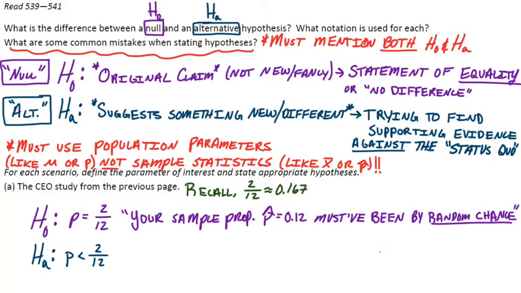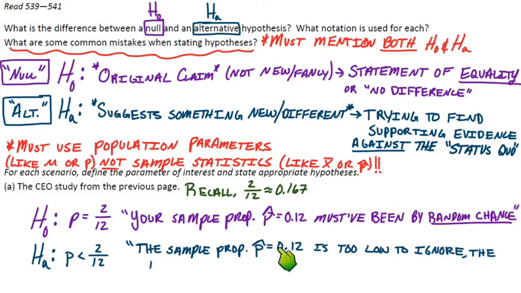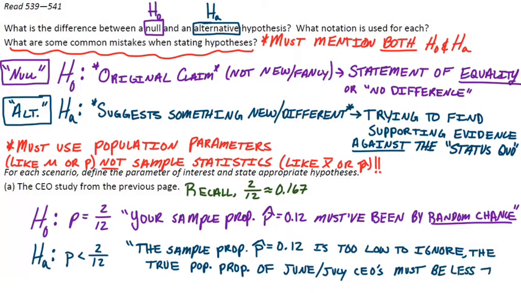In other words, the sample proportion, if it's 0.12, is really too low for us to ignore, which means that the true population proportion of those June-July CEOs must be less than that 2 out of 12 number.